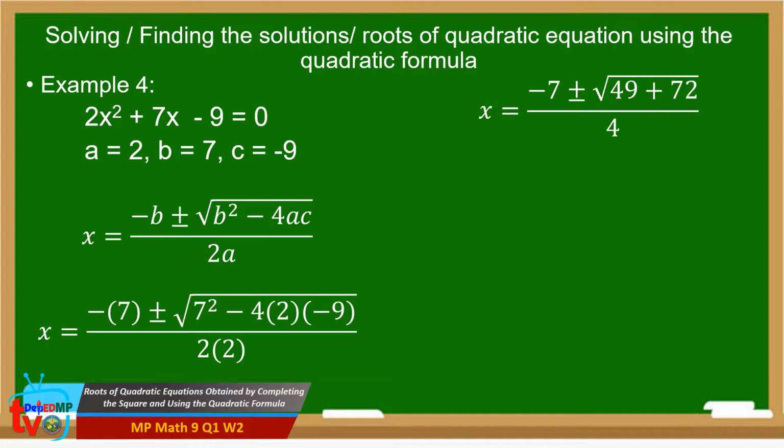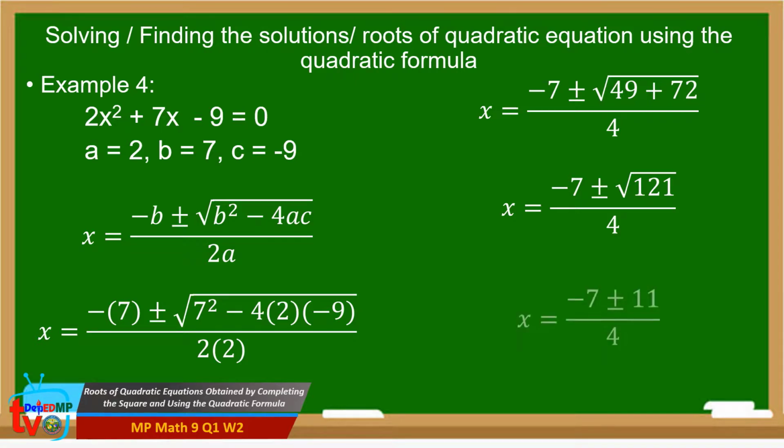Continue by simplifying the terms inside the square root sign. 49 added to 72 is 121. We find the square root of 121 is 11. Now we have x is equal to negative 7 plus or minus 11 all over 4.